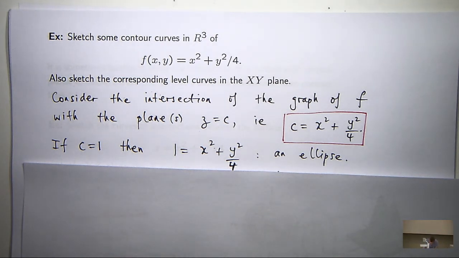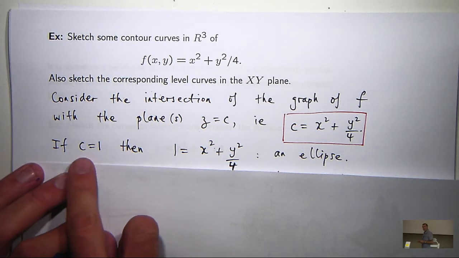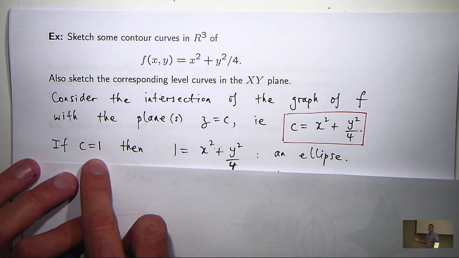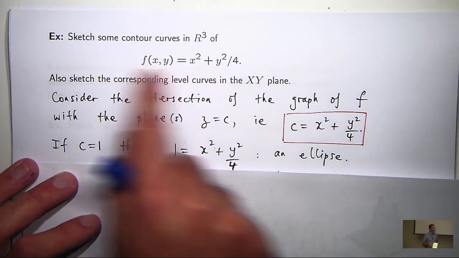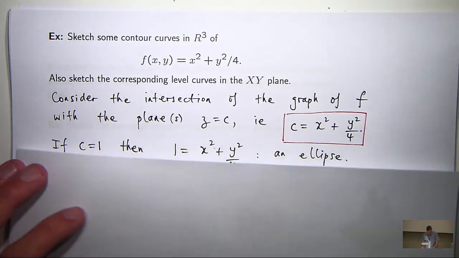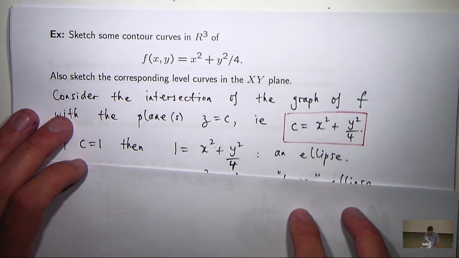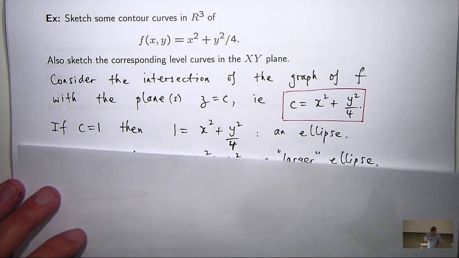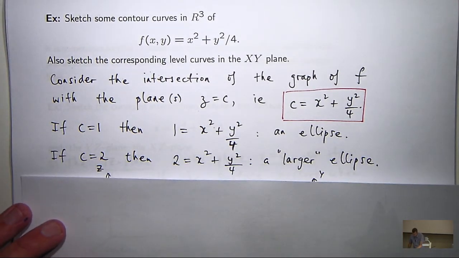Let's put in another one, say c equals 2. I go back to my equation, put in c equals 2, and then I can rearrange this if I really want to and get the standard format for an ellipse. I haven't done that here because I wanted to save a bit of space. But the point is it's a larger ellipse. All right, so what happens if I chose, say, c equals minus 1 here?